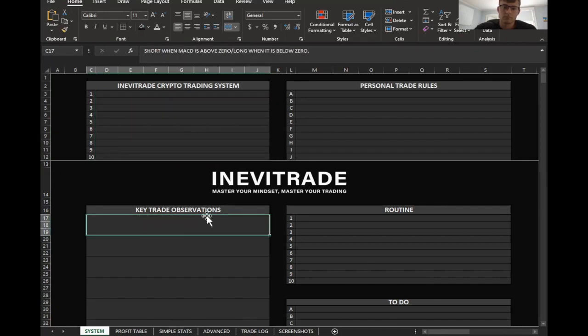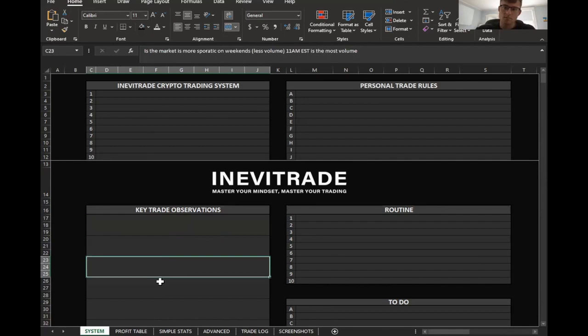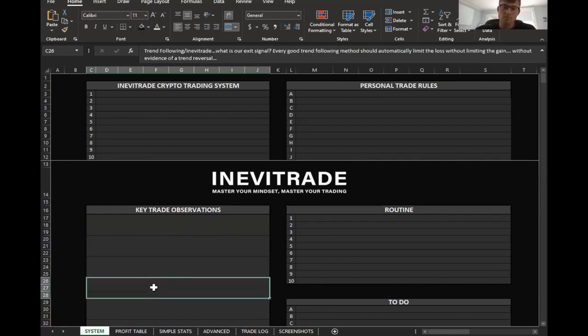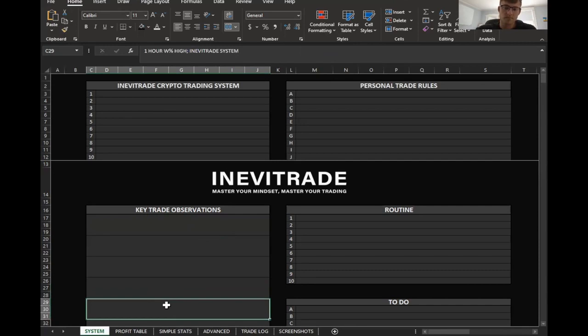I like this key trade observations section. One of the things I do is review my trades on a weekly basis and look at the results. Like Craig talks about in the system, you journal your trades, screenshot them, and look at why you did this. I go back and review those and note any key observations and patterns: patterns in the price action, my trade setups, patterns in my behavior, what I was thinking.